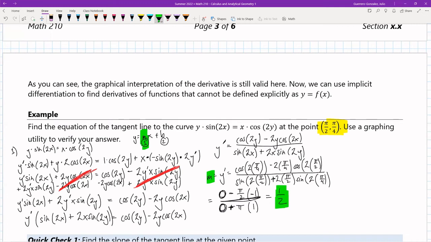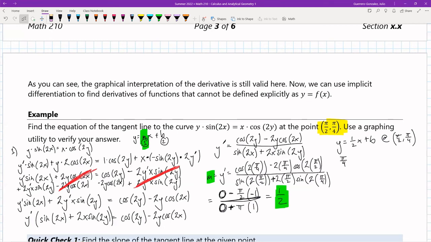Okay, we're not done yet because we have to find the equation of a tangent line, but we're almost there. So that means our y has to be 1/2 x plus b, right? At pi over 2, comma, pi over 4, the point that was given to us from before. So now we get to plug in values, right?